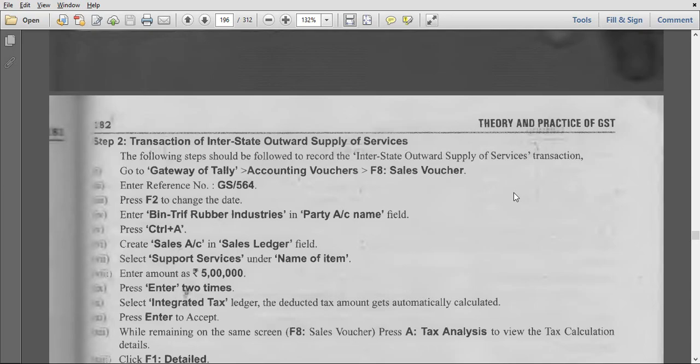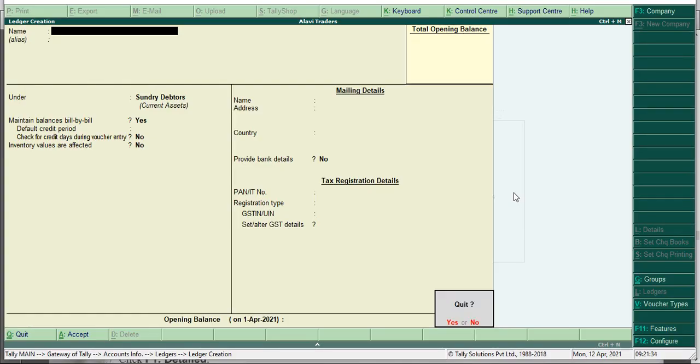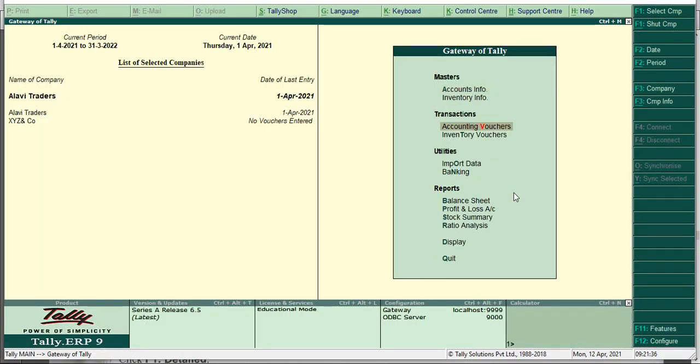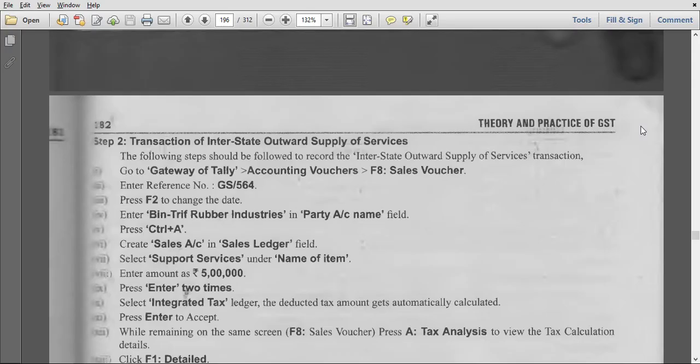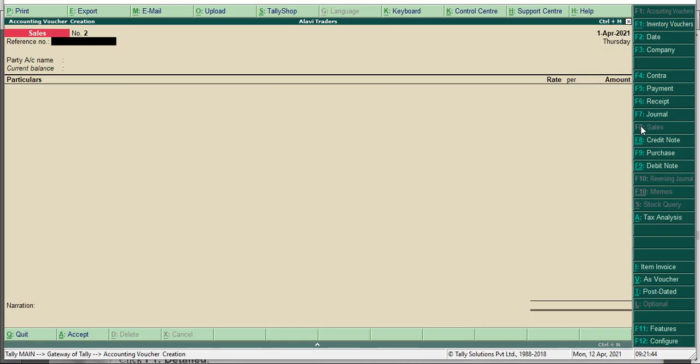It is already done. Now we go with sales voucher, accounts voucher, under sales. What is that number? GS 564.